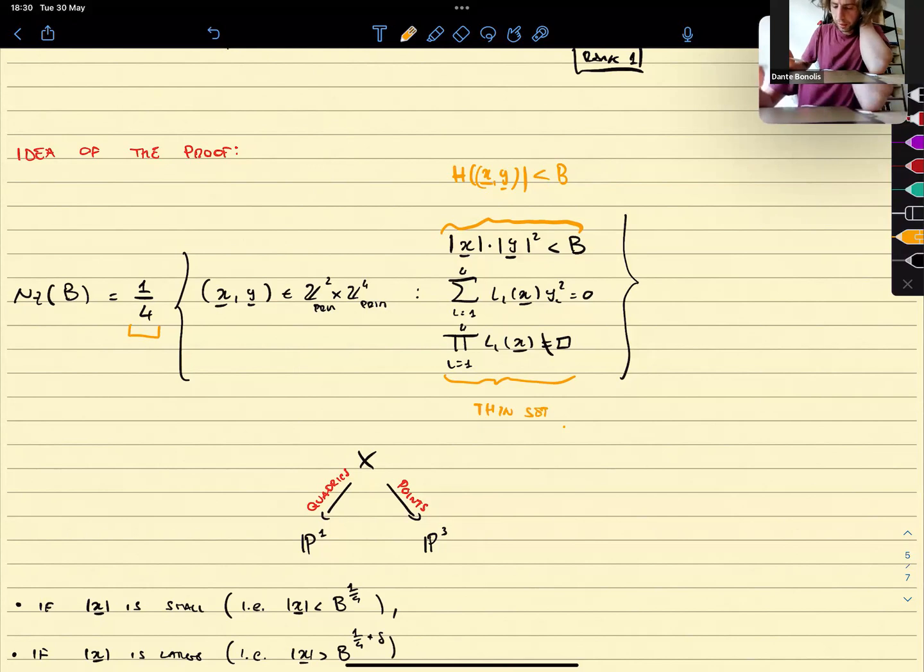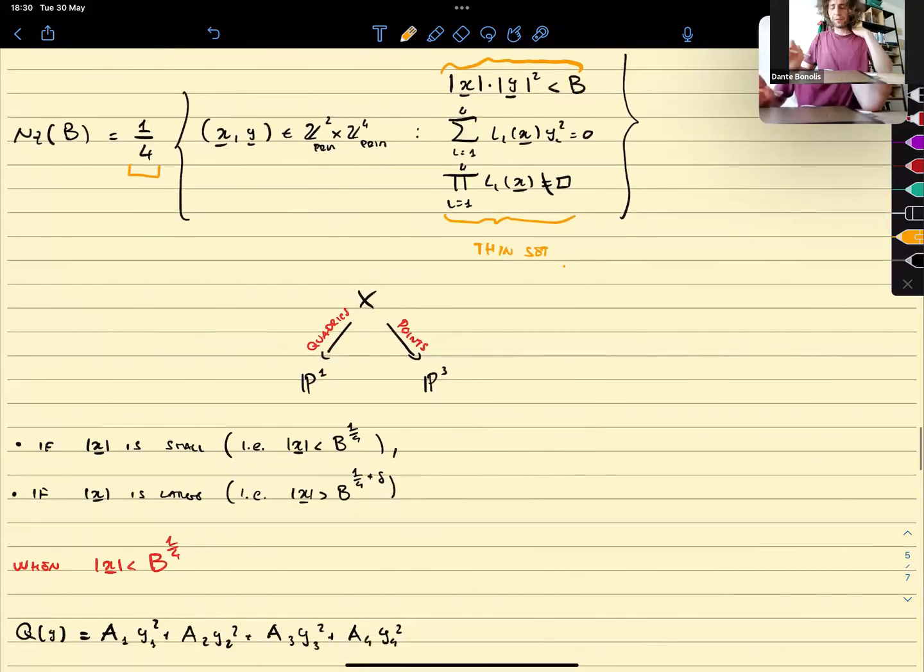So the strategy of the proof is going to use the fact that we have this double fibration. The strategy is very similar to another paper of Tim and Brown.